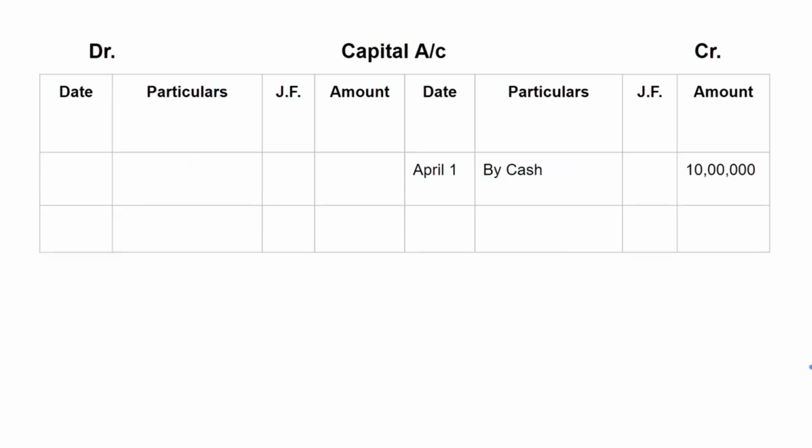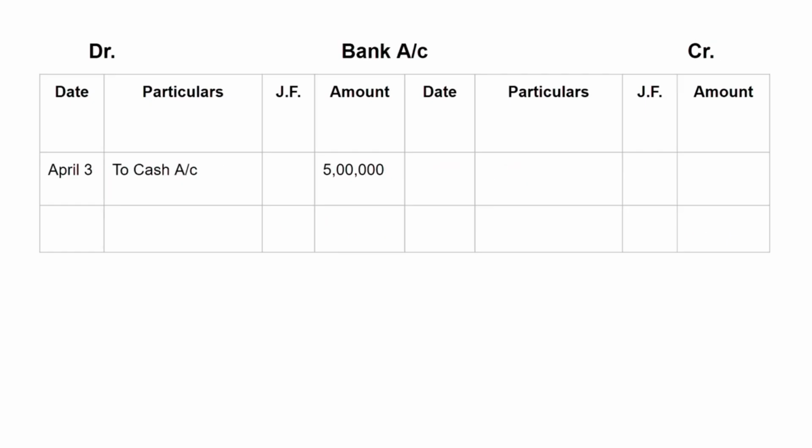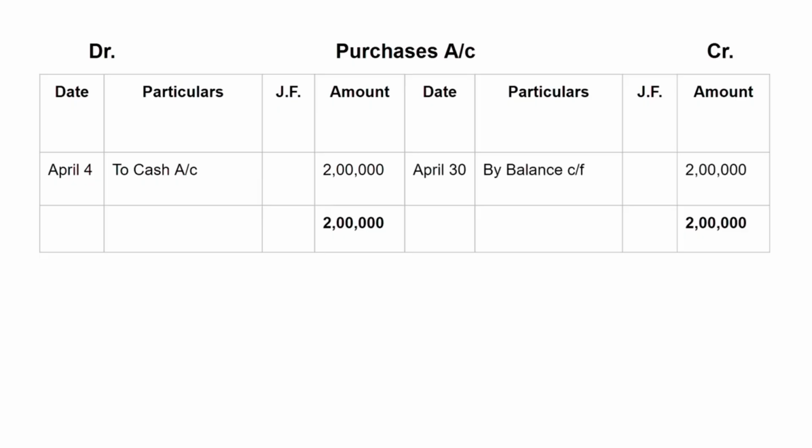Capital account, there was only one transaction, that is 10 lakh, and in the total 10 lakh and April 30th by balance carried forward 10 lakh. And the next account is bank account. We have only one transaction, that is cash account. Total is 5 lakh and the balance carried forward is 5 lakh rupees on 30th April. Next is purchase account. We total it 2 lakh rupees and on 30th April by balance carried forward 2 lakh rupees.